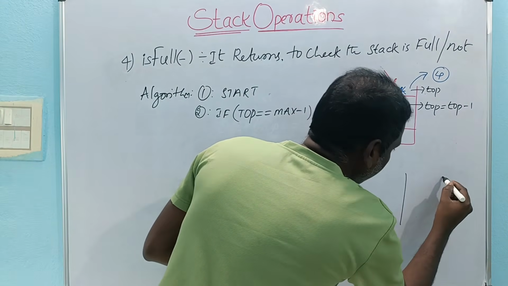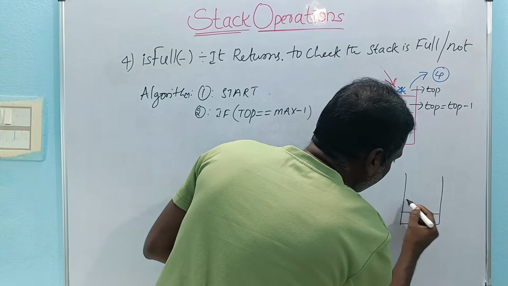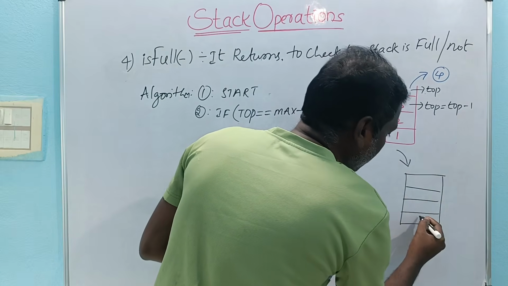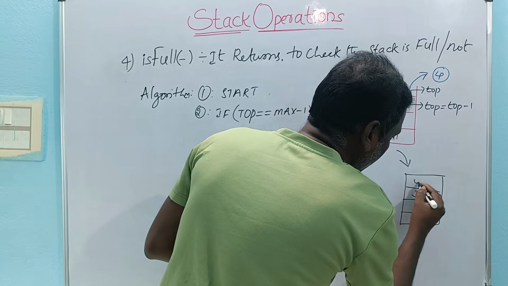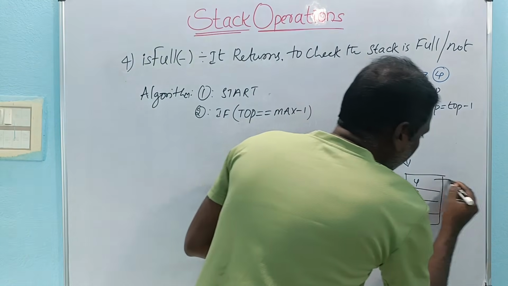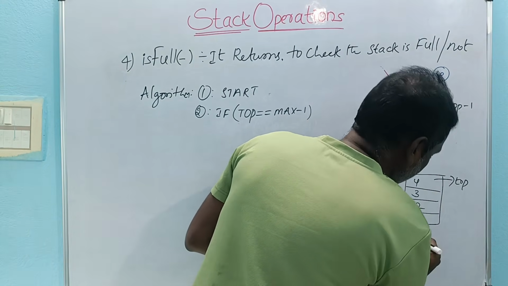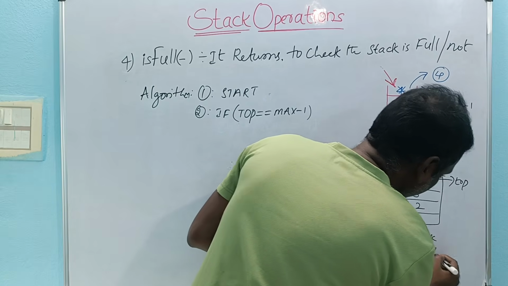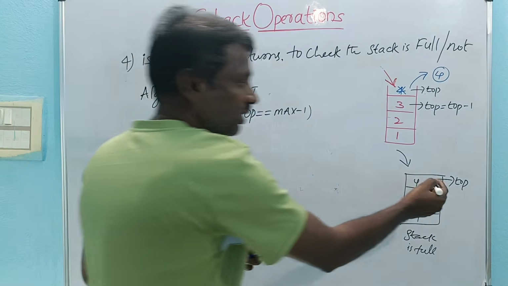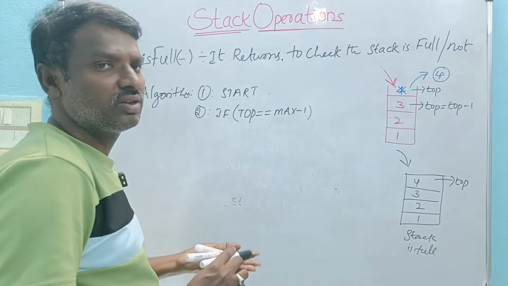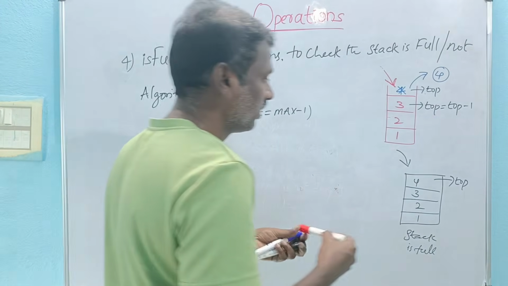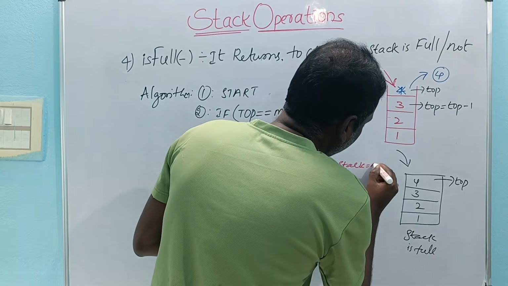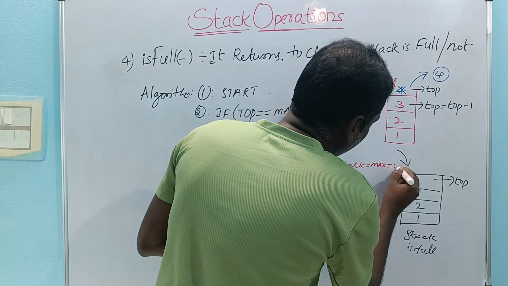So, this is our stack. Here 1, 2, 3, 4. This is the top element. Stack is full. So here it is the top element. The size of the stack, max equal to 4.